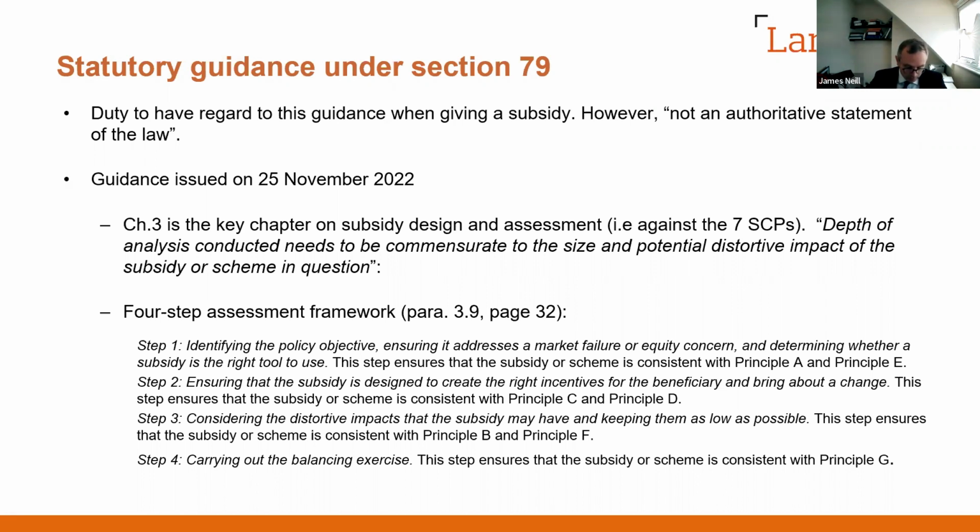Then step 2, ensure the subsidy is designed to create the right incentives for the beneficiary and bring about a change. Step 3, consider distortive impacts, and keep them as low as possible. And then step 4, carry out that balancing exercise that I referred to earlier under the 7th principle, Principle G.